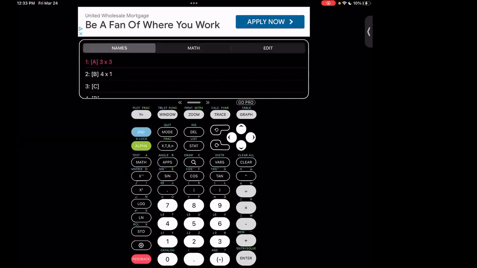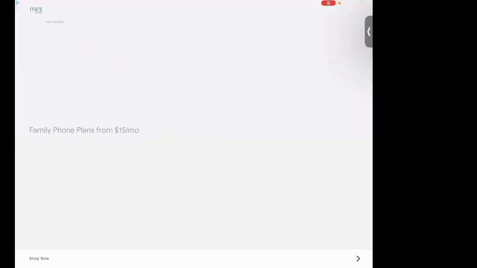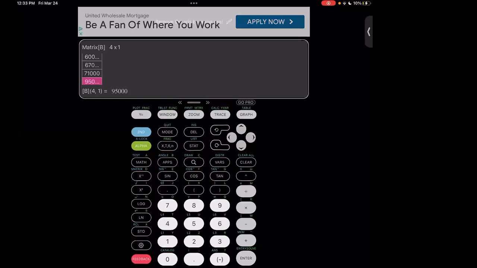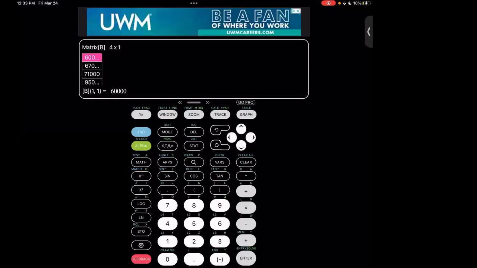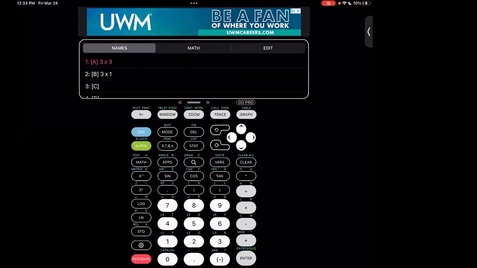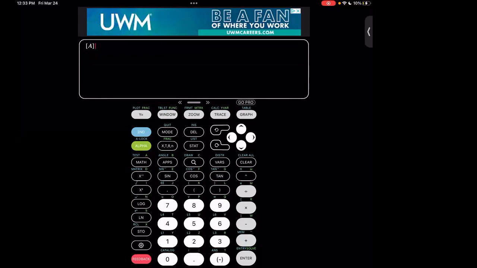Quit. Second matrix again, over to edit, go down to B. B is the 3 by 1: 1, 2, 1. So you enter the two matrices in, quit. Go back to second matrix again, names, A, press enter. I don't want A, I want A inverse.